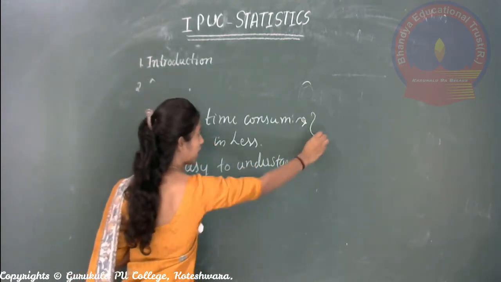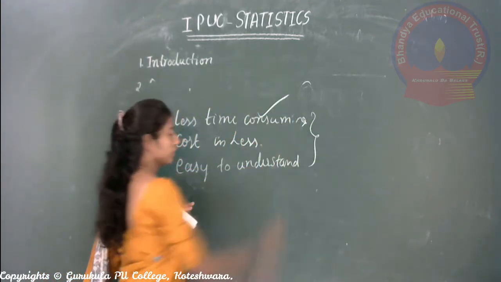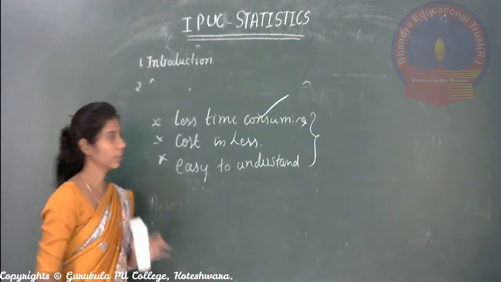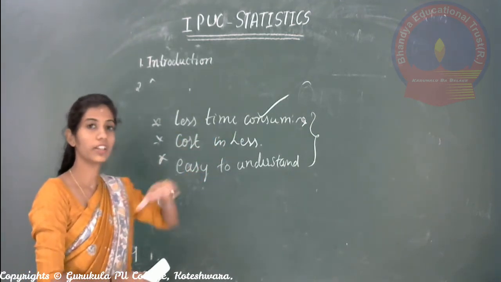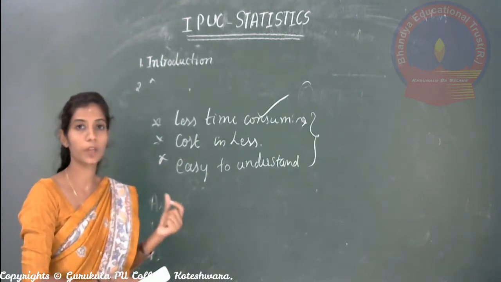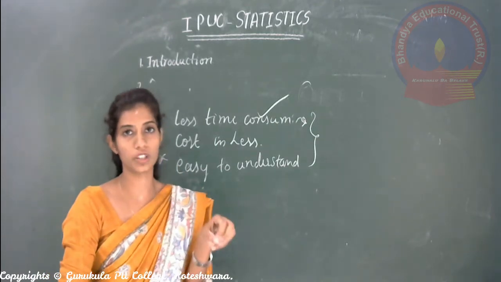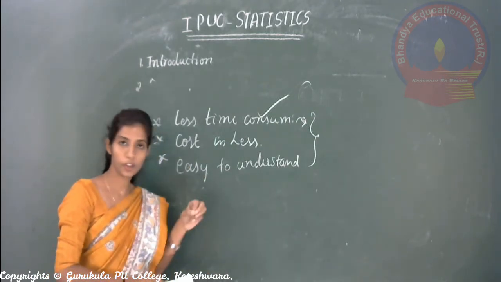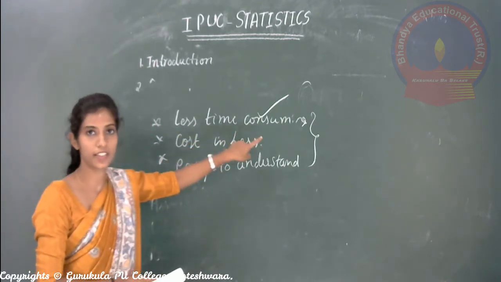So these are the main three reasons for which we are using statistics much. Mainly because of time consuming: population ಅಥವಾ ಏನು numbers vast ಇದೆ, large numbers ಇದೆ, ಅವಾಗ ಏನು ಮಾಡಬಹುದು, we can pick some representative portion, we can select only a few people. Then it is less time consuming.